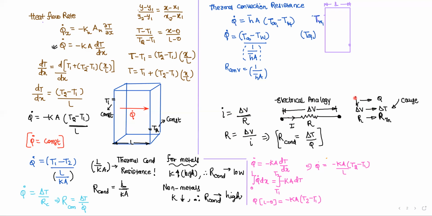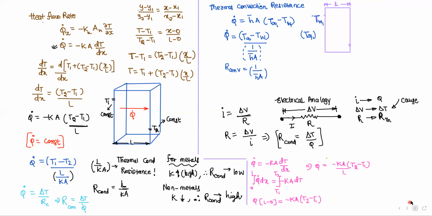Here, the I is the current which flows, so heat also flows. The potential difference is the driving potential for the current, so temperature difference is the driving potential for the heat. So R thermal is the thermal conduction resistance. R conduction we can write as delta T by Q. Simple.